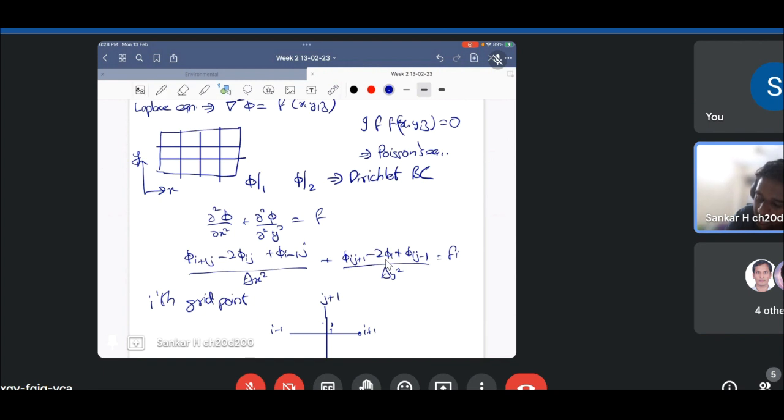But when we are concerned with corner points, suppose we have one more line over here, assume that this is all uniform, regardless of how badly I draw it, where delta x and delta y are constants.